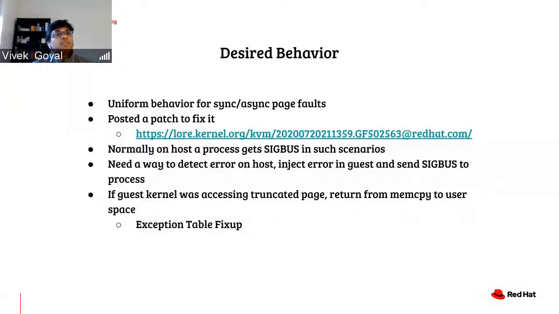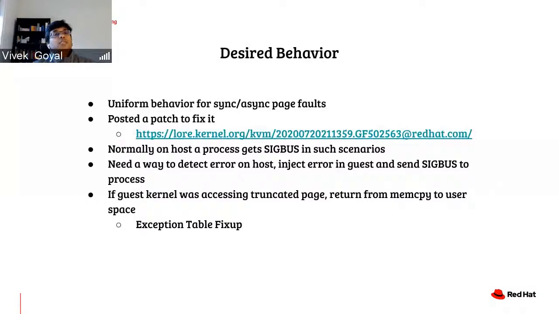The one problem is we need to make the behavior uniform between synchronous faults and asynchronous page faults. I posted a patch for that, so that even for asynchronous page faults, we exit to user space with EFAULT if the page fault cannot be resolved. This patch has not been merged yet. There are still some concerns on the patch. I have yet to address the concerns raised by other developers.